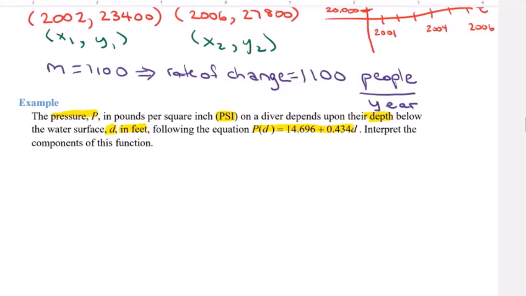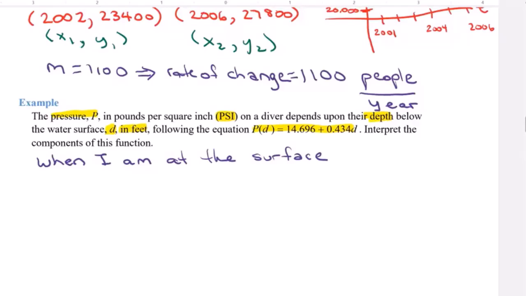So, what does it mean? It means that when I am at the surface, okay, so when I'm at the surface, that means my depth is 0.